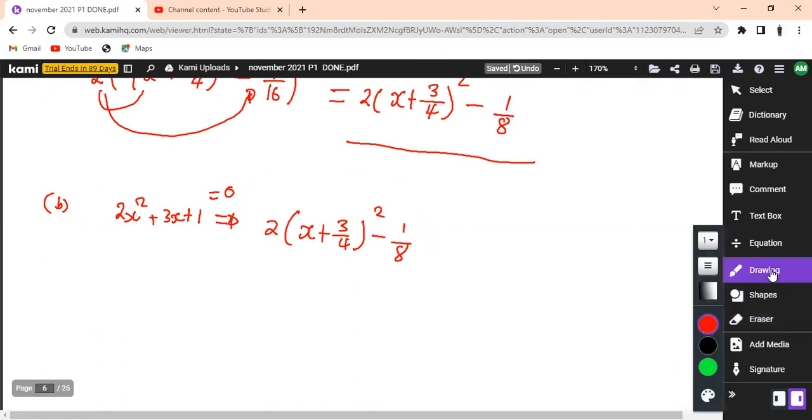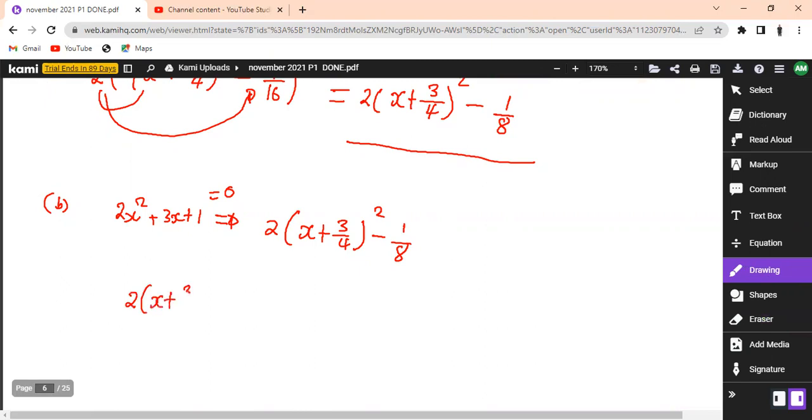So let us see what is going to happen here. Let's equate this to 0. It's going to be 2 into x plus 3 over 4 squared minus 1 over 8 equals 0. You can transpose this to the other side of the equation so that it can be positive. So it's going to be 2 into x plus 3 over 4 squared equals 1 over 8.